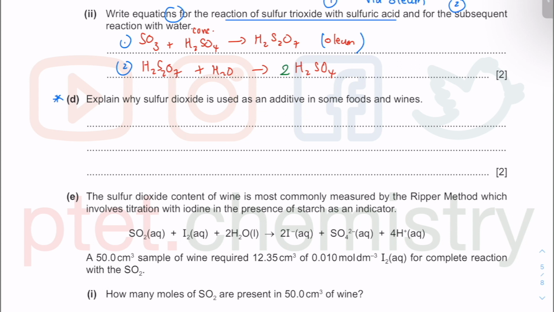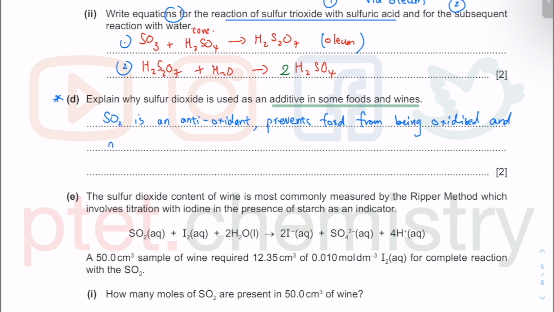Now this part D question, this has been taken out from the syllabus if I'm not mistaken. So we use SO2 as an additive in some food and wines because it's an antioxidant. It prevents your food from getting oxidized and going bad, rotting, due to the oxygen in the air there.